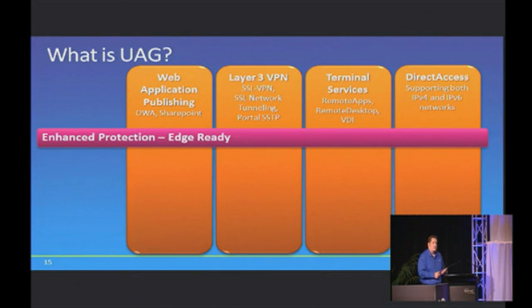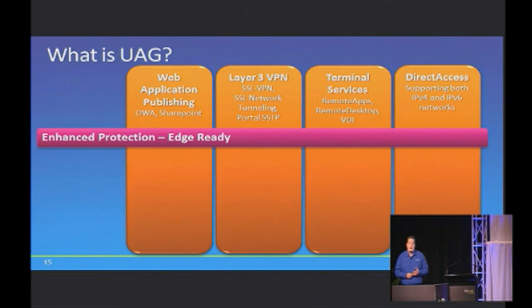Then you are able to have a layer 3 VPN solution through SSL VPN. No clients. If you're using Windows 7, you really have a clientless SSL VPN with UAG. And I prefer that as a backup plan for DA. That's actually what we are doing internally as well. So if DA is not working for some weird reason, we're able to use the VPN as a backup plan.